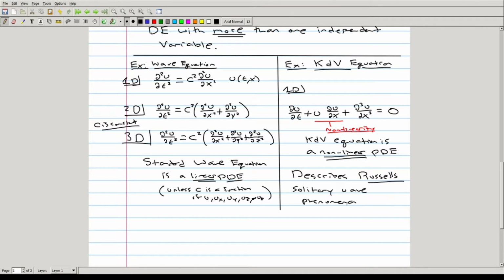And we will actually see in the class that it can be solved analytically. The experiment by Russell was very, very interesting and exciting, if you look back on the history of how this equation was developed. The solutions are actually what are called solitons, and we'll see soliton solutions.